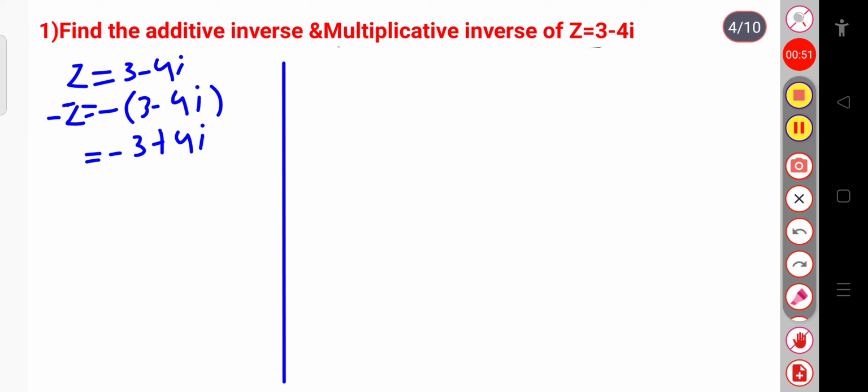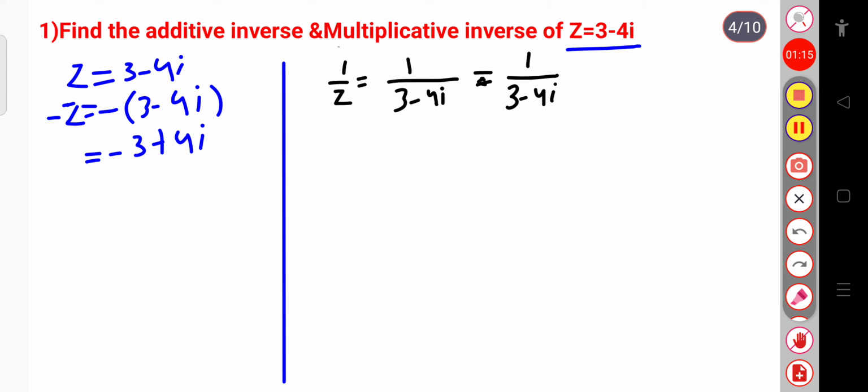Similarly, for the multiplicative inverse we have to calculate 1 by z. z is given 3 minus 4i, so 1 by z will be equal to 1 by 3 minus 4i. Since in the denominator it is 3 minus 4i, we have to multiply by the complex conjugate of 3 minus 4i, that will be 3 plus 4i, in the denominator as well as the numerator.